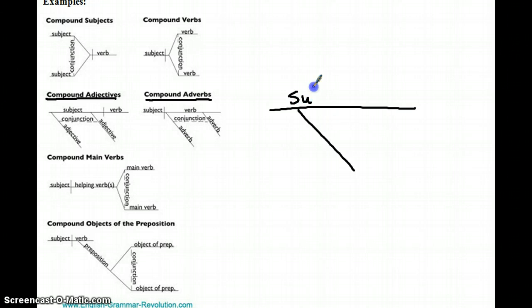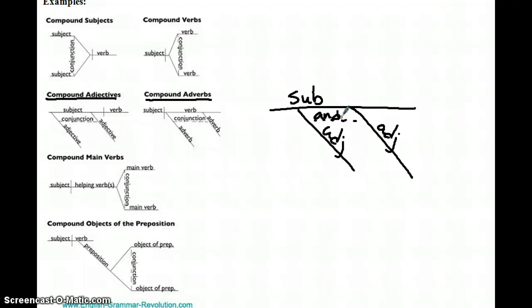So if we had a subject, for example, an adjective would go on that slanted line, okay? But if you have two that are describing the same subject linked with a fanboy, now we diagram it just like our example, okay? Again, the fanboy, let's use and, would go on a dotted line connecting those two slanted modifiers, all right? And adverbs are done the same way, only they're under the verb, as you can see in the example.